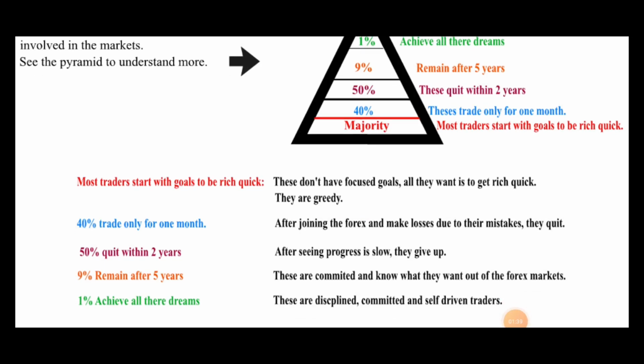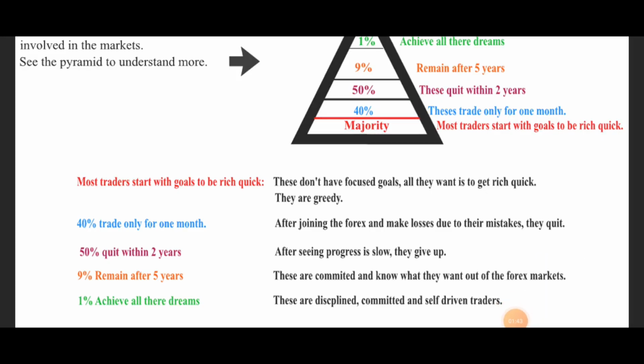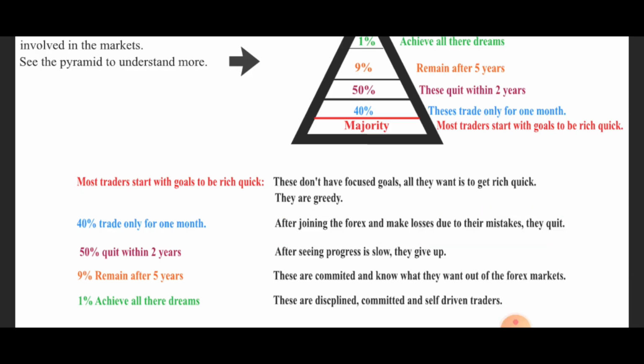So now we have the 40%, those who only trade for 1 month, and after that they give up. After joining forex and making losses due to their mistakes, these ones quit. Now what are these mistakes? Of course, they all come from being greedy, and not caring about the capital as they should be caring about it.